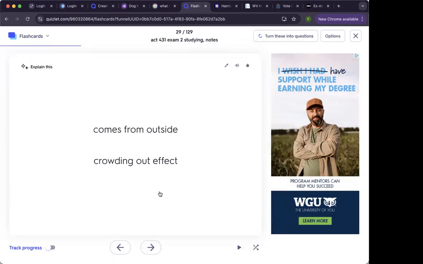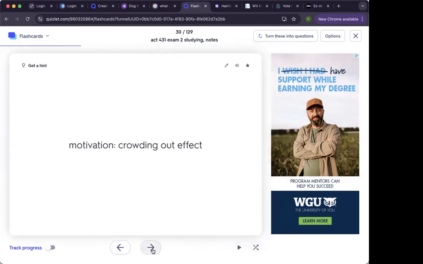Extrinsic motivation comes from the outside, and this is where the crowding out effect occurs, which we'll cover next. But extrinsic motivation would be like getting paid to do labor rather than just getting volunteer hours or a pat on the back.